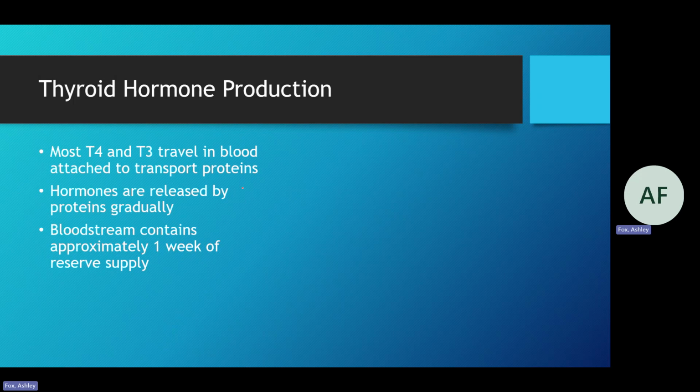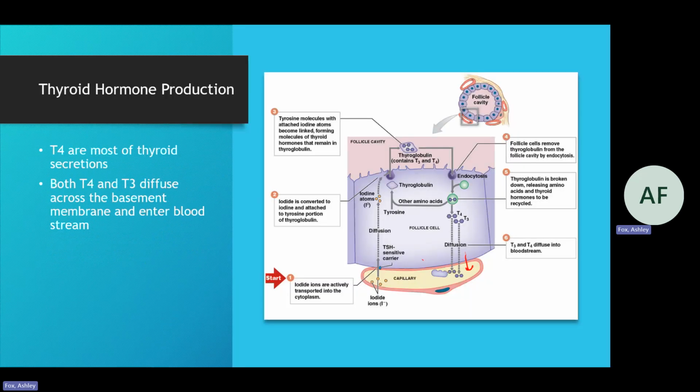T4 and T3 travel in the blood because remember, they are water soluble because this is amino acids, this is protein derived, but they need to be traveling with transport protein. So there's this transport protein that it'll attach to take it throughout the bloodstream.